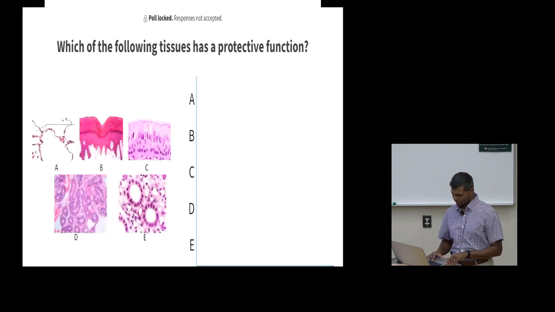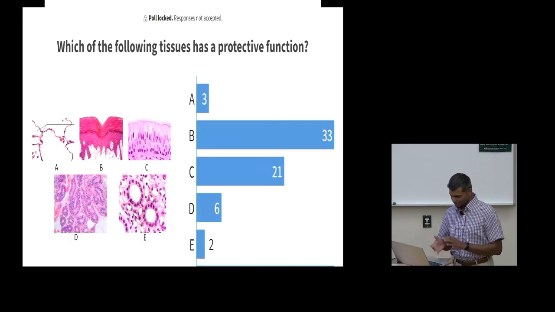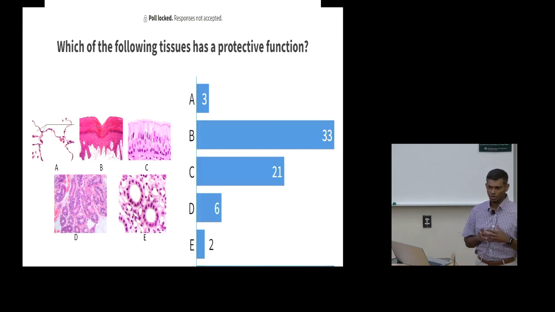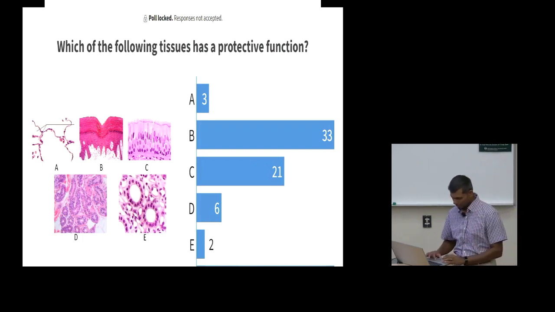Well, most of you said B, and B is right. The reason being, notice that B is stratified squamous epithelia. You see that there are multiple layers of cells at the apical surface, and that has a protective function. Whereas the rest have sort of a secretory function, or they have diffusion and absorption.